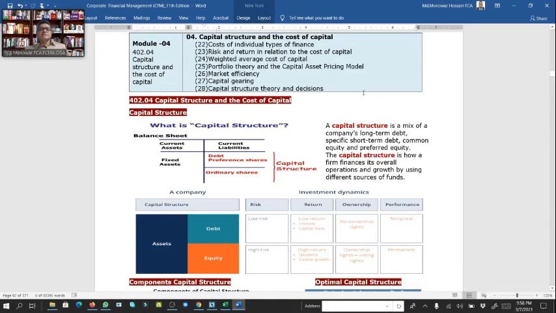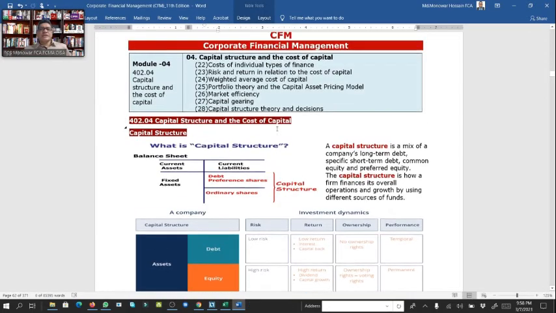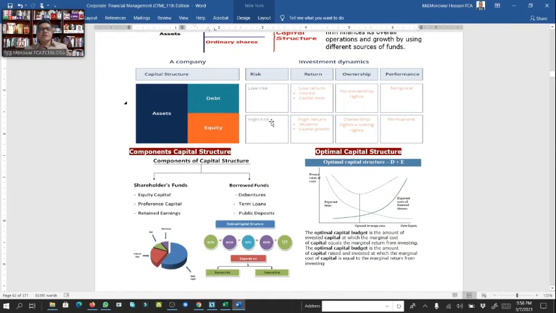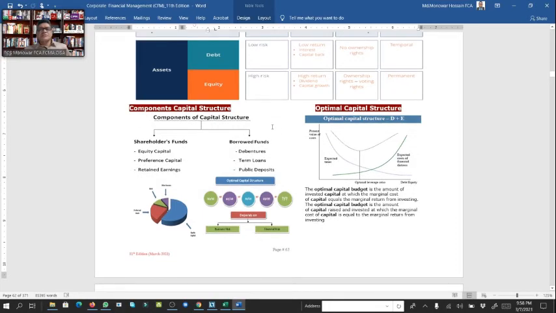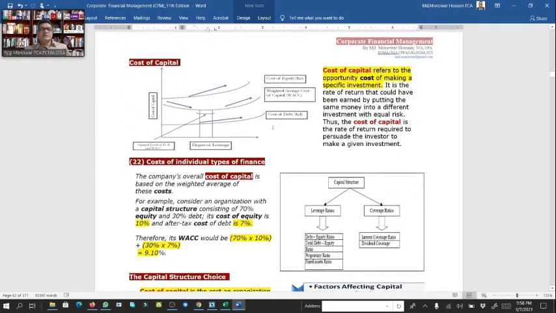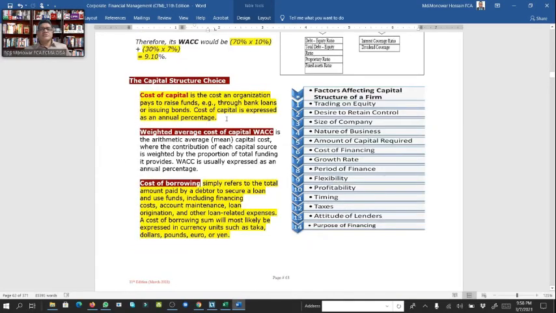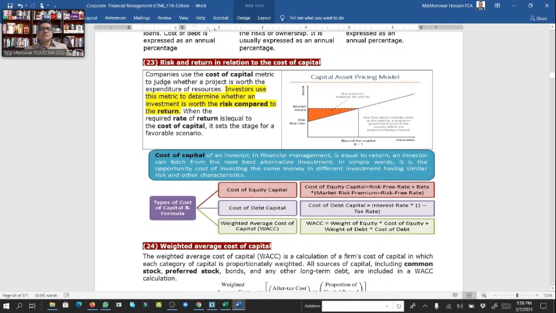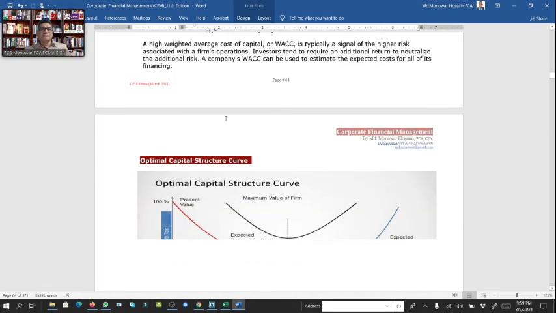We discussed the cost of individual types of finance, risk return, weighted average, CAPM, market efficiency, capital gearing, etc. Only one item is remaining for this chapter, capital structure theory and decision. So we have seen capital structure, components of capital structure, optimal capital structure, cost of capital, weighted average cost of capital, factors that affect capital structure, risk return related to the cost of capital.